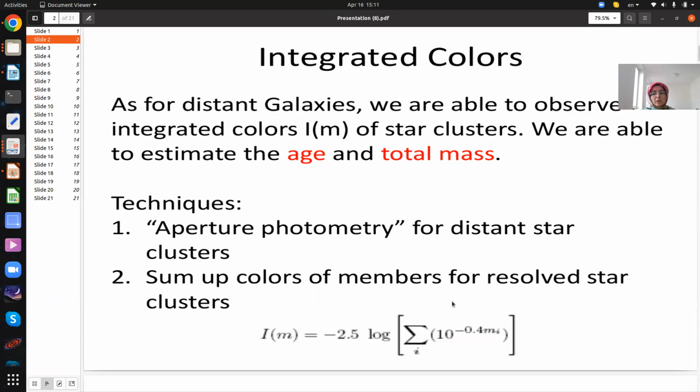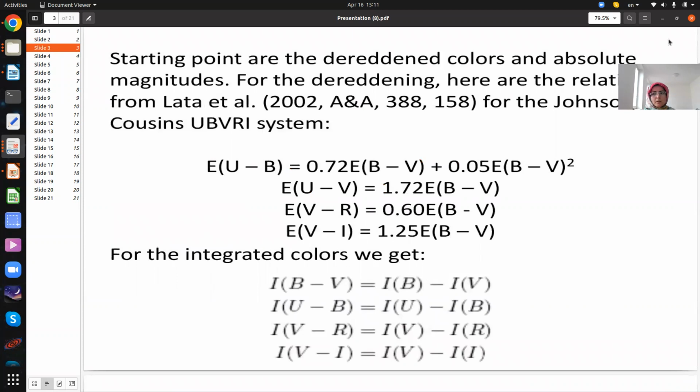As you see here, this is the ratio of that. And if we have more colors, it will be better, so that we can integrate more colors. We can start from the dereddened colors and absolute magnitudes.